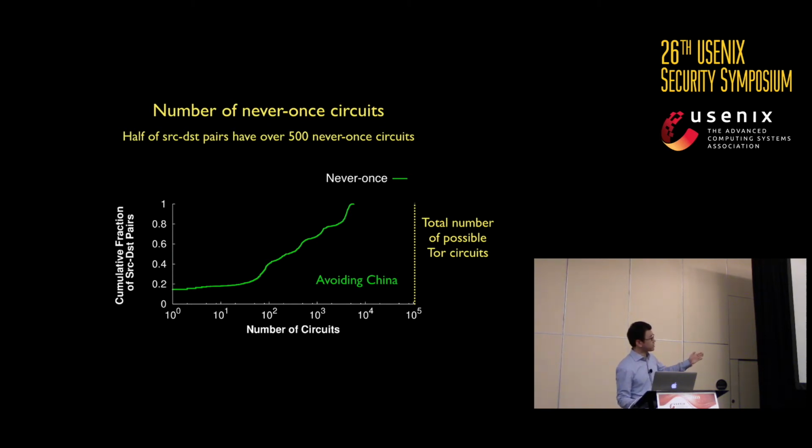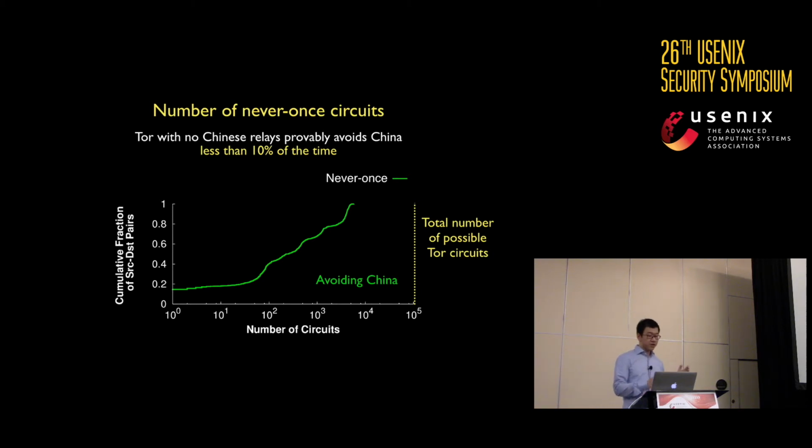However, if we compare this number with the total number of Tor circuits we can find, this basically says that... sorry, there's one thing we need to mention. In our data set, we don't have any Tor nodes from China. And these results are the results we obtain for never-once avoidance when we want to avoid China.